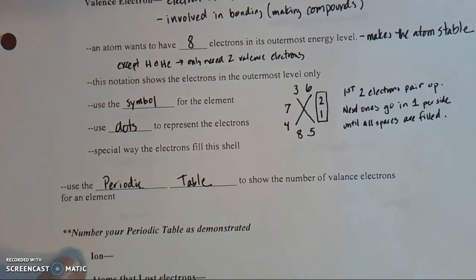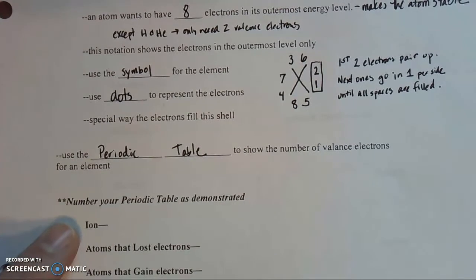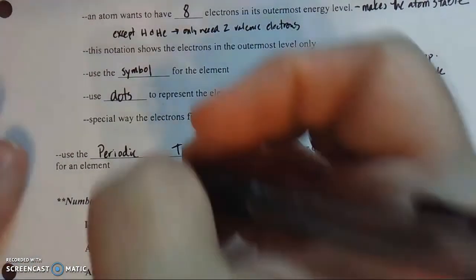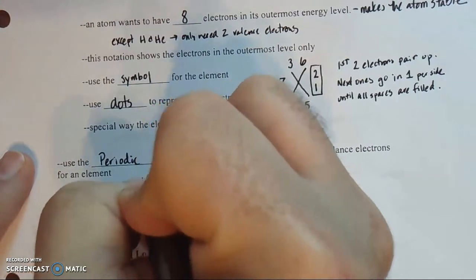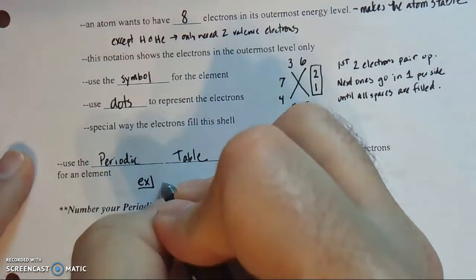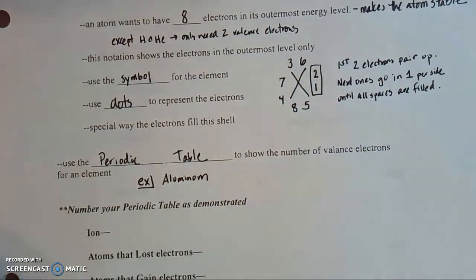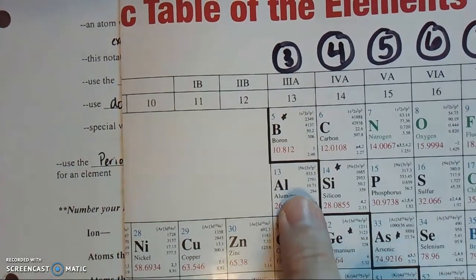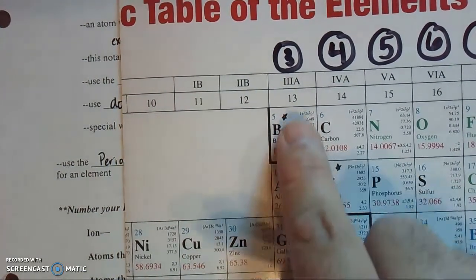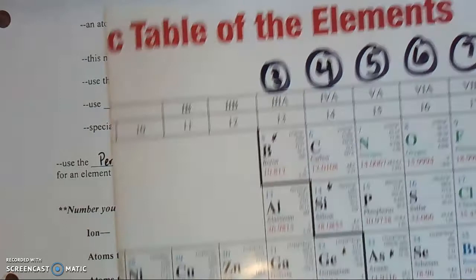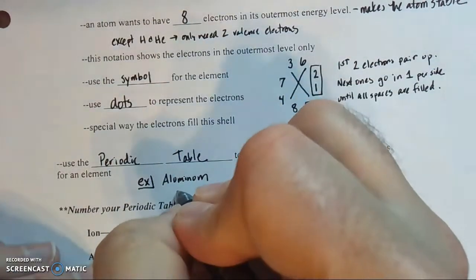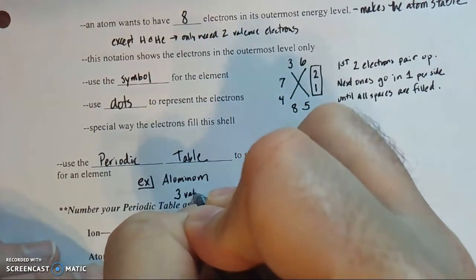So you have numbered your periodic table as demonstrated. Let's look at an example. If we have the element aluminum, and we look on the periodic table, we see aluminum is right here. It's under the column that says 3, which means we have 3 valence electrons.